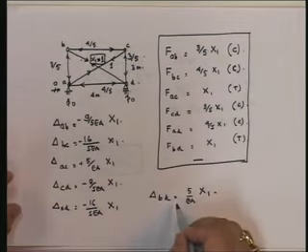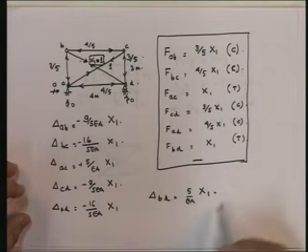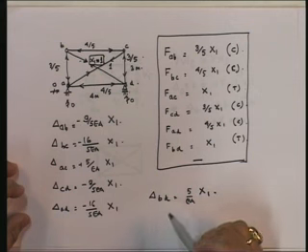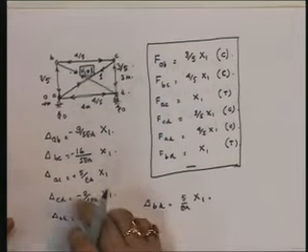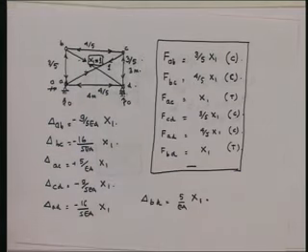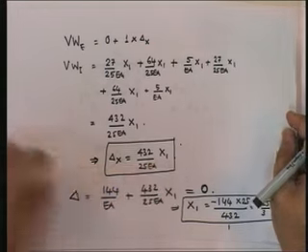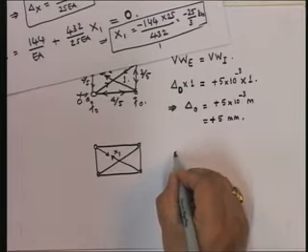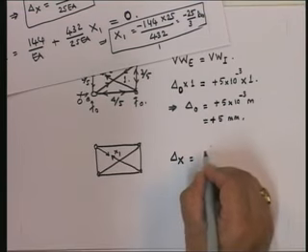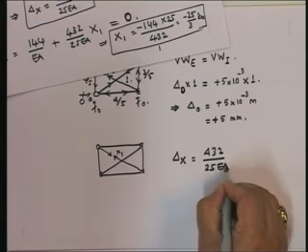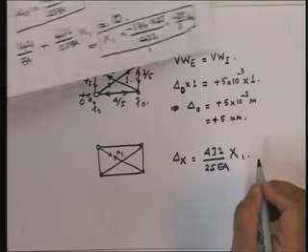Okay, these were all due to the internal force. So what did I have? I had the situation where, just 1 second, I'll compute that for you. The delta x was equal to 432 upon 25. This still remains the same. So therefore, the delta x is equal to 432 upon 25 EA into x1.